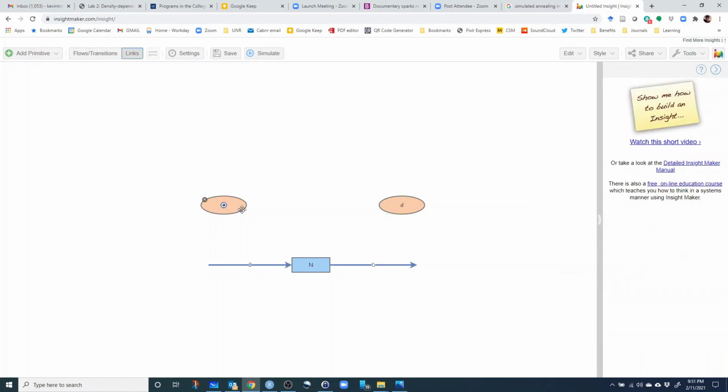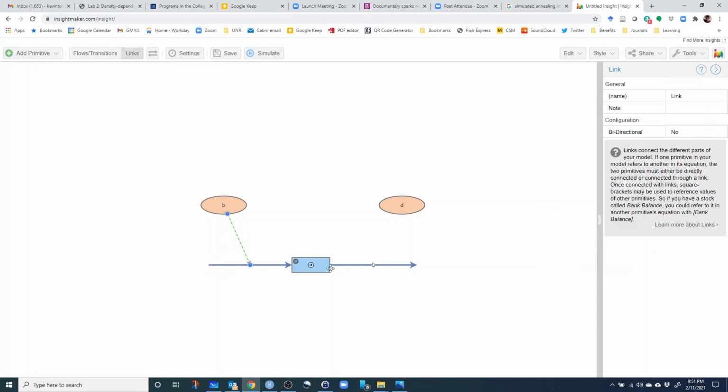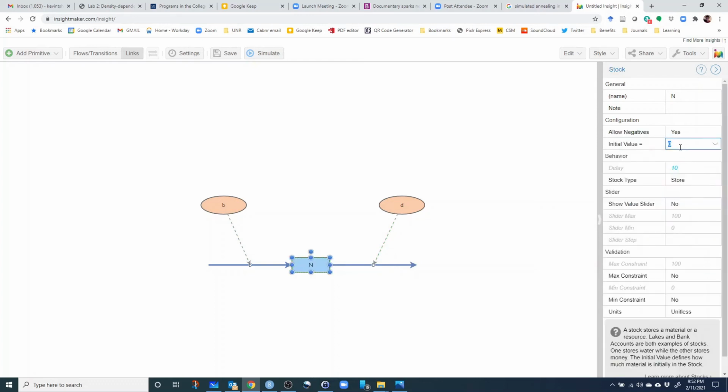And we'll link those up to their appropriate flows. We need an initial starting value. Let's give it 10. It doesn't really matter. What's important is that you construct this model correctly.